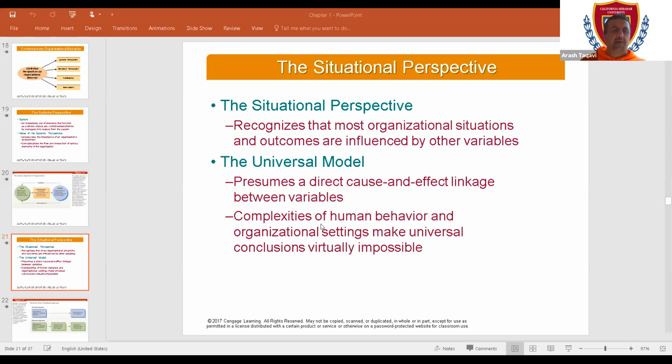Think about human development. There is a discussion about human development. One of the greatest questions about human development is, are there any universal phases, stages for human development?